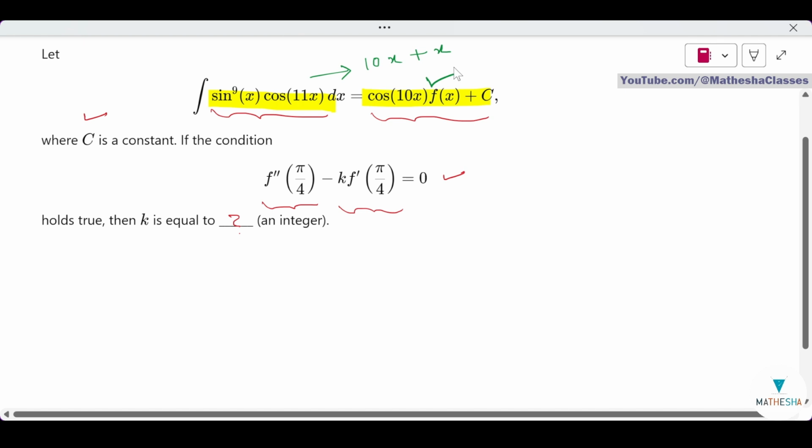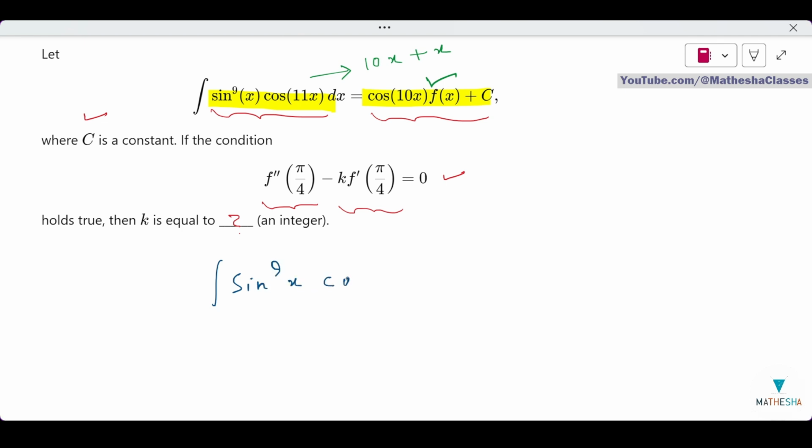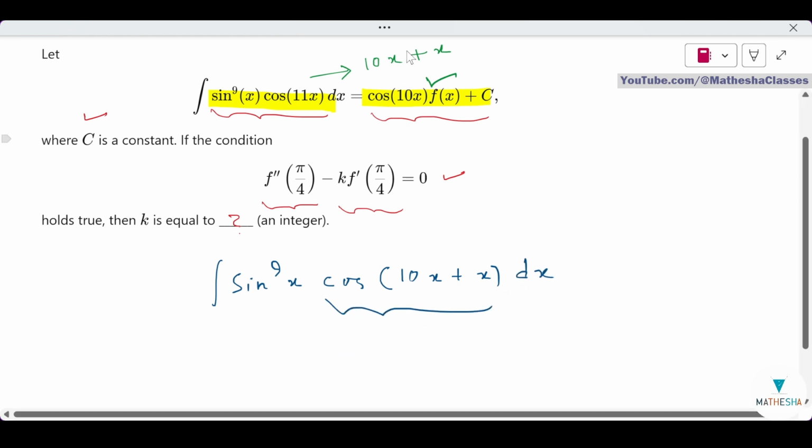So integration sine to the power 9x cos of 11x. Cos of 11x means, as mentioned, cos of 10x plus x dx. And as mentioned, this will be written in the form of cos of a plus b.